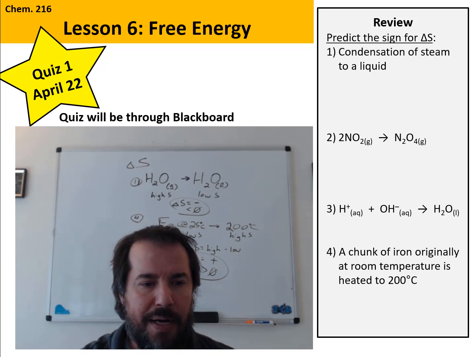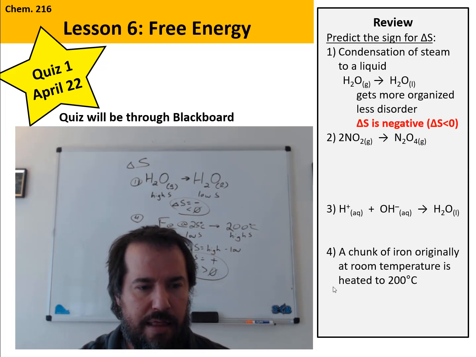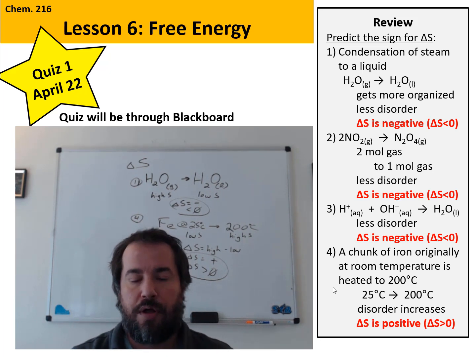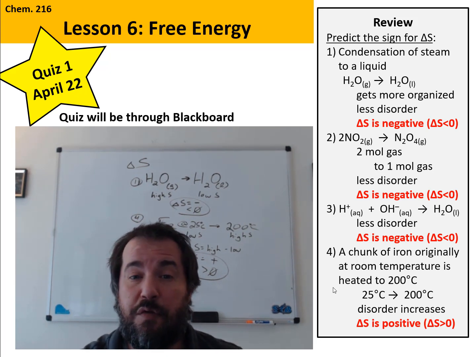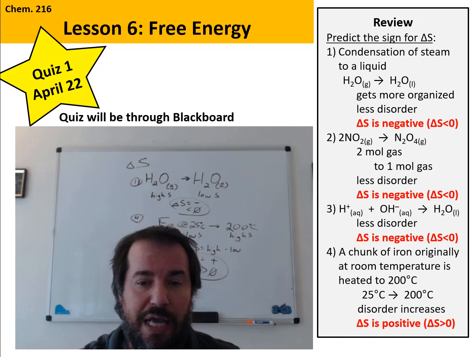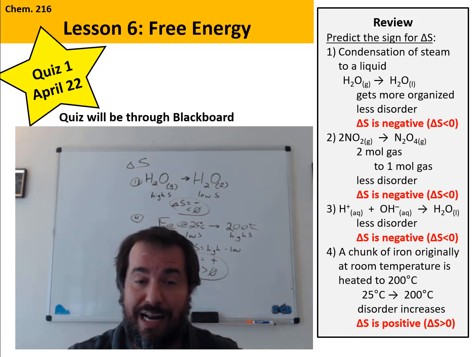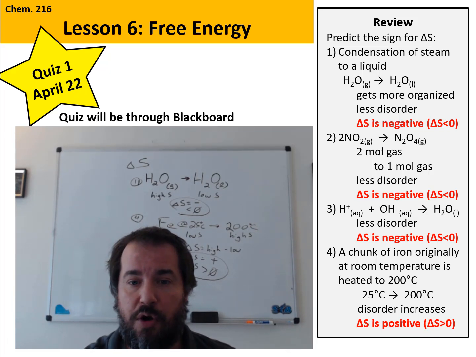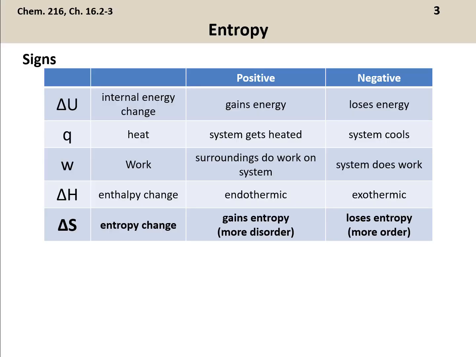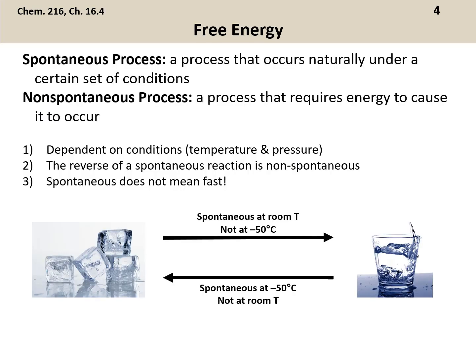All right, but now let's move on to lesson number 6, which is on free energy. This will be a little bit of a long one, but it's an important one, and it kind of wraps up everything we've been going through. Let's remember, we talked about delta U, Q, and W. Then we talked about delta H, enthalpy, and then delta S. And last time we also talked about something called spontaneity, right?